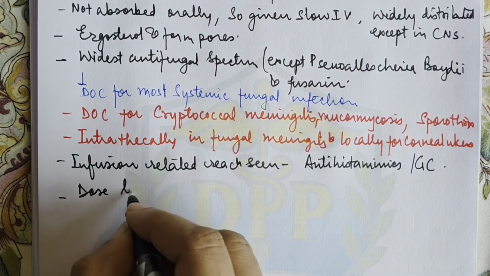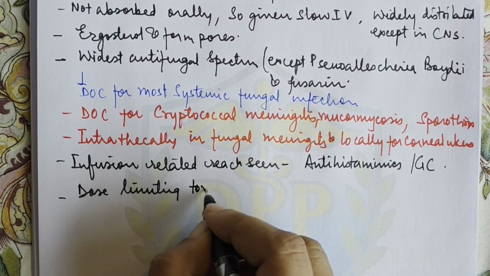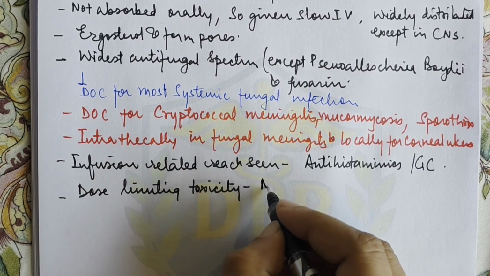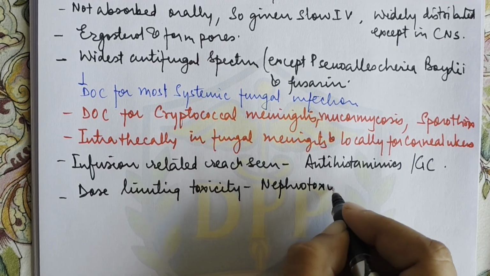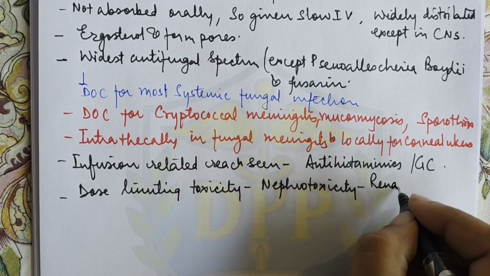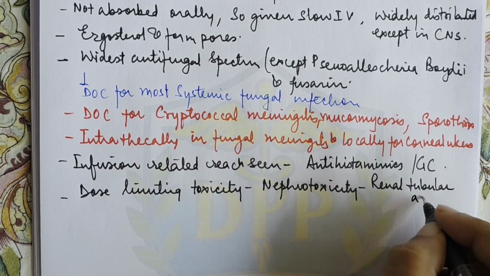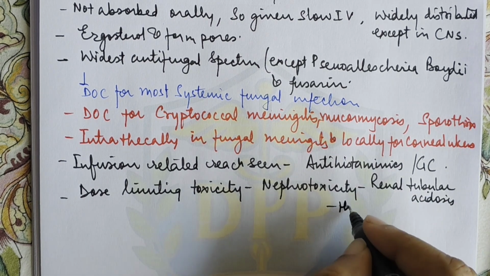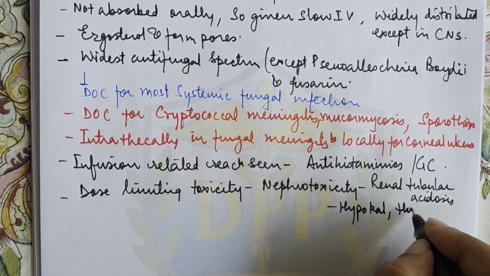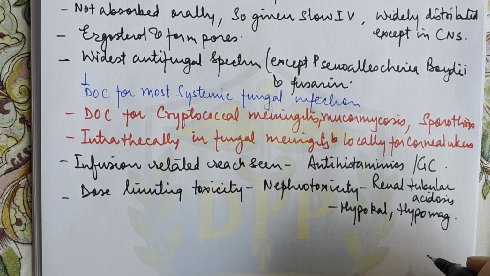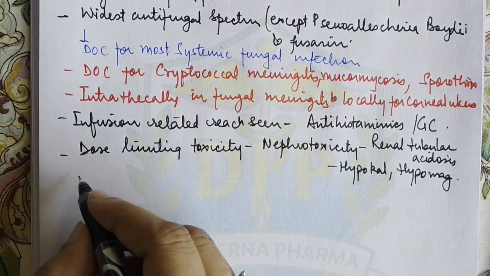Then the dose limiting toxicity is nephrotoxicity, which is manifested as renal tubular acidosis, hypokalemia and hypomagnesemia. How can you avoid it?